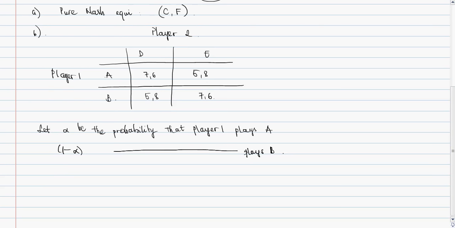So a certain probability that player 1 will be playing A, and the rest of the time player 1 will be playing B. So we want to find the values of alpha.